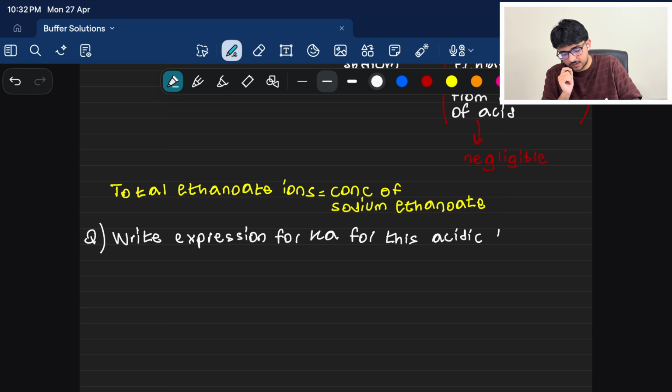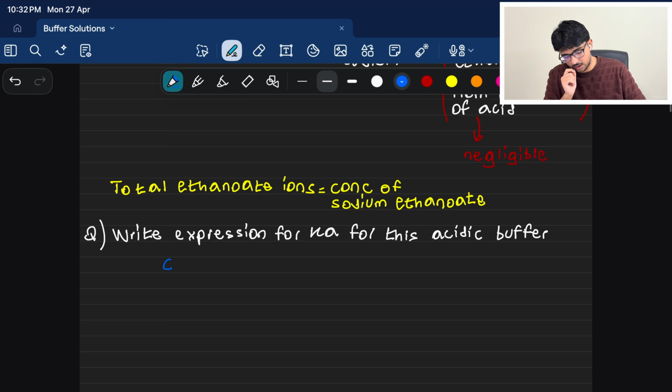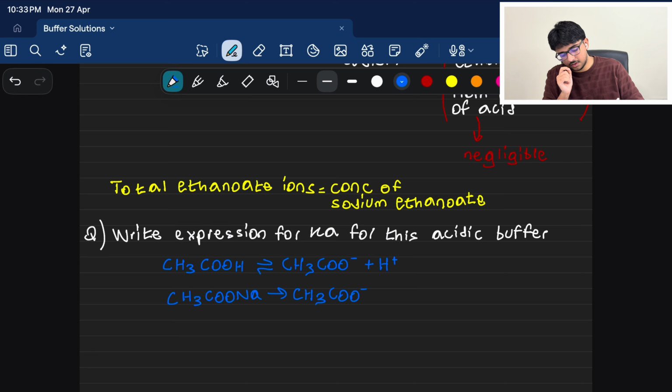I'm going to give you an acidic buffer, and you have to tell me what the Ka equation is going to look like. So the acidic buffer which I have is ethanoic acid, which partially dissociates into ethanoate ions and H plus ions, and then I have sodium ethanoate, which fully dissociates into ethanoate ions and sodium ions. So try to write down the Ka expression for this.